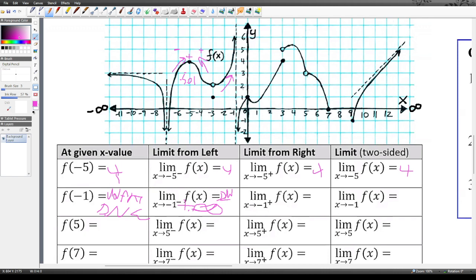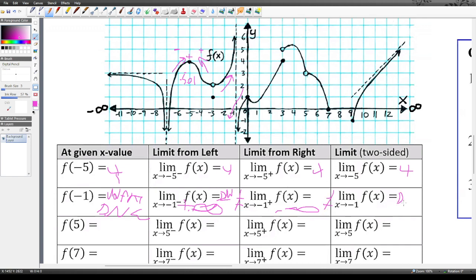And as x approaches negative 1 from the right side, or the positive side, of f of x, it's approaching negative infinity. Since I said the properties of limits, if the left side and the right side do not equal, this signifies that the limit of both sides will not exist.